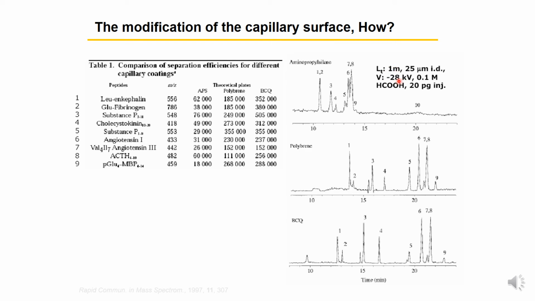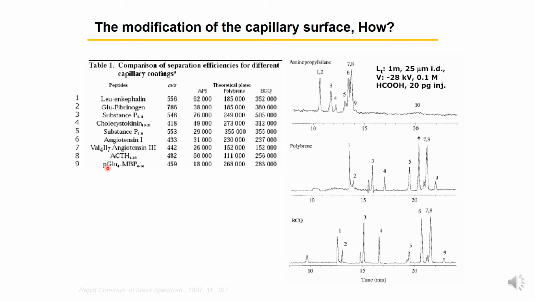So here we work in a reverse mode, which is a positive coated capillary. We have a total length of 1 meter, 25 micrometers inner diameter, and we work with 0.1 molar formic acid. So the question is, we have three separations of different compounds.